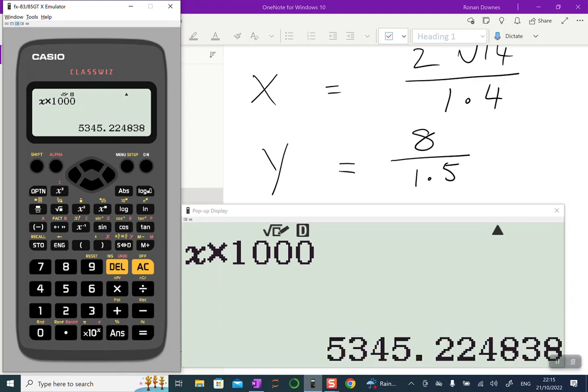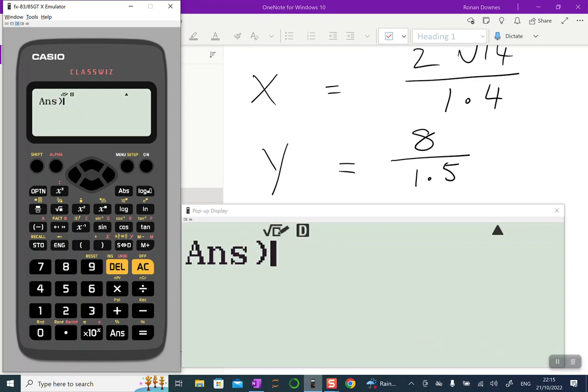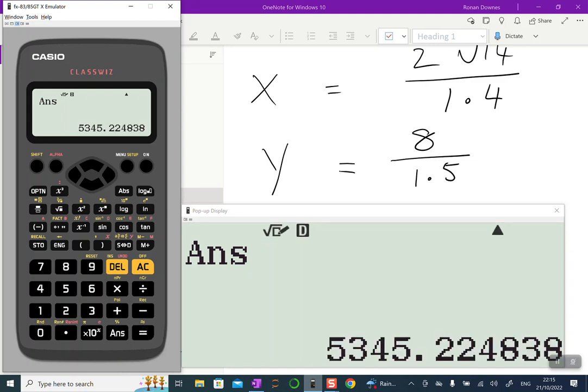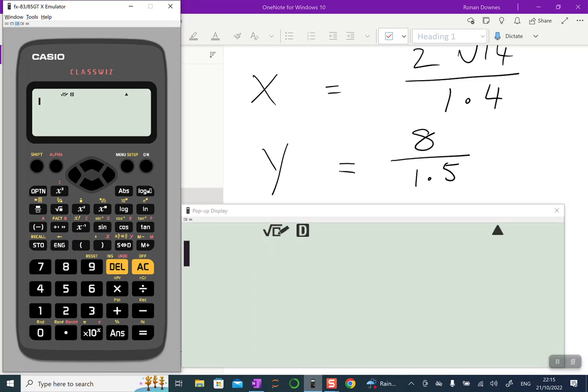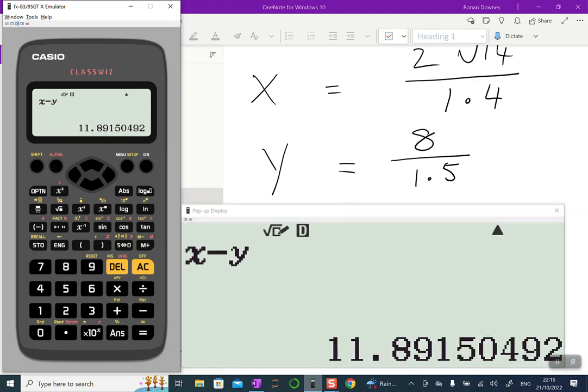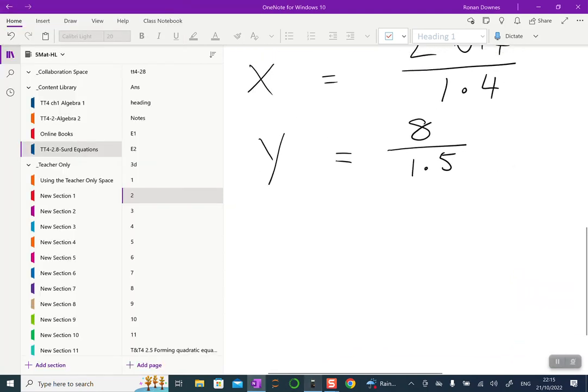And I will store it back on top of itself. Stored to X. Okay. Now I'll calculate alpha X minus alpha Y, and get 11.89. And as I recall, they're looking for the time difference to the nearest second, so it's 12 seconds.